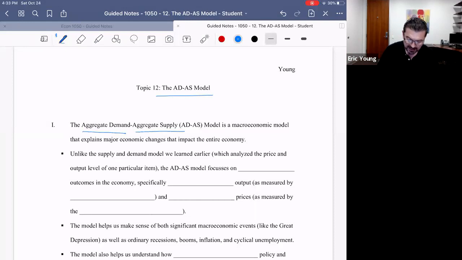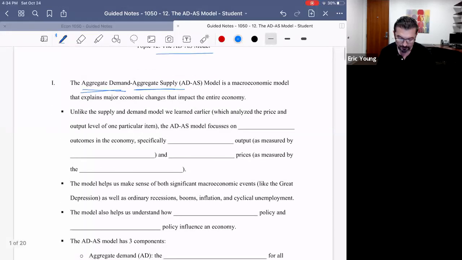So again, AD, aggregate demand, AS, aggregate supply. And together, this model is a really powerful macroeconomic model that helps us explain and make sense of all those different phenomena, all those different themes that we've talked about since we started macro.